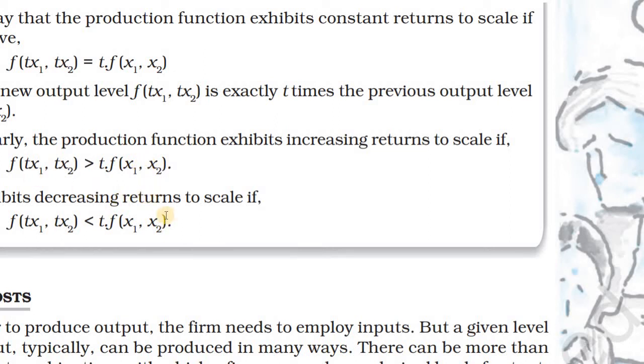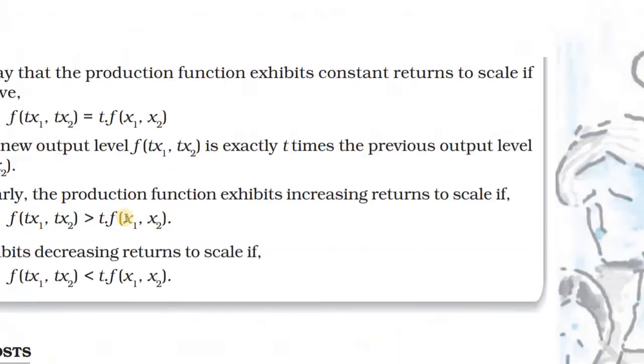Then if it is decreasing return to scale, then we can write f of t x1, t x2 is less than t into f of x1, x2. This is the mathematical explanation of this equation.